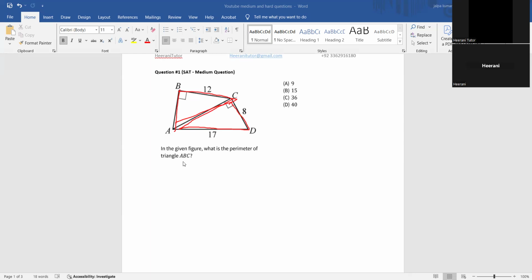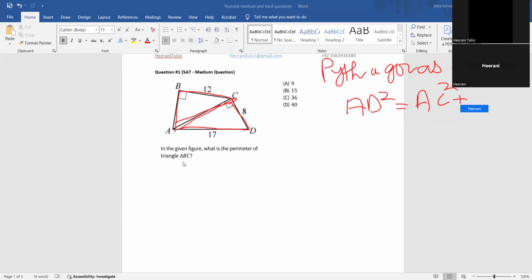So we know the Pythagoras theorem. It says AD square will be equal to AC square plus CD square.